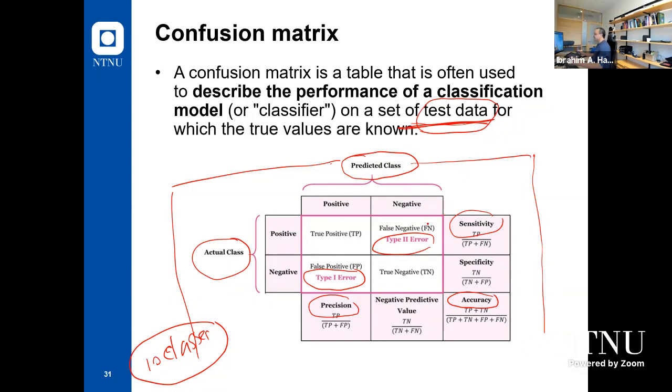Because it's positive, but we misclassify it as negative. We have some negative cases. When those negative cases are correctly classified, we call it true negative. When some of them are misclassified as positive, we call it false positive.